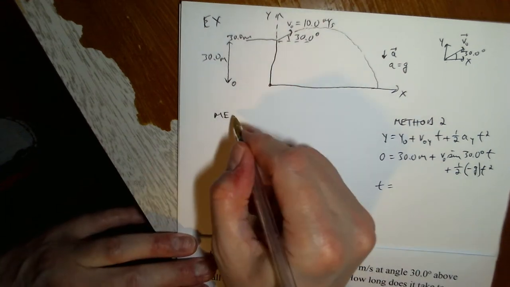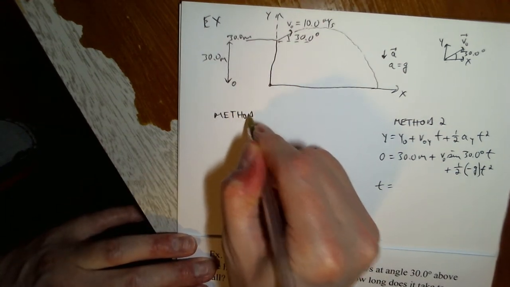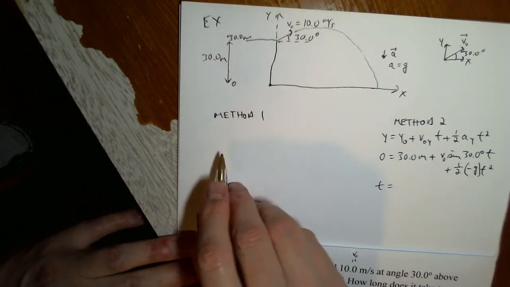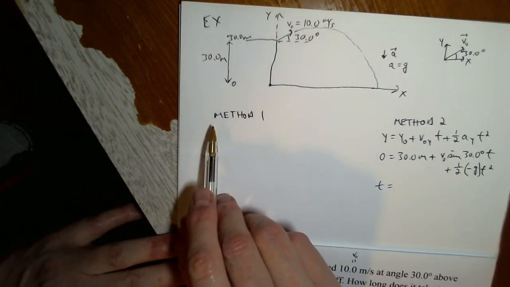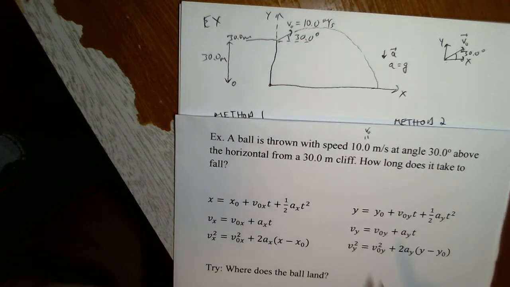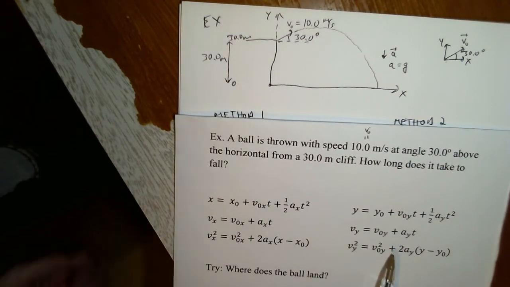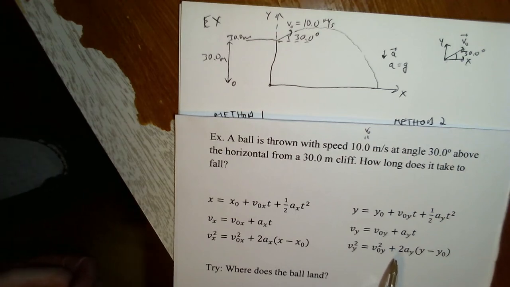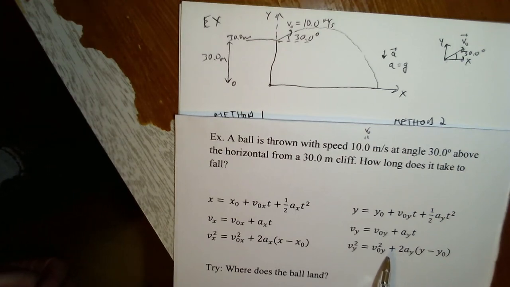So method 1, though, you have 2 other equations, right? This one and this one. And what I can do is solve the third equation for the final velocity, the y component of the final velocity, vy.